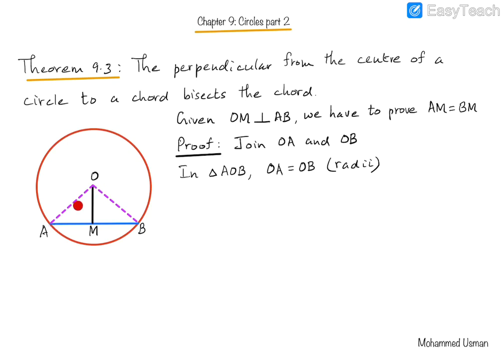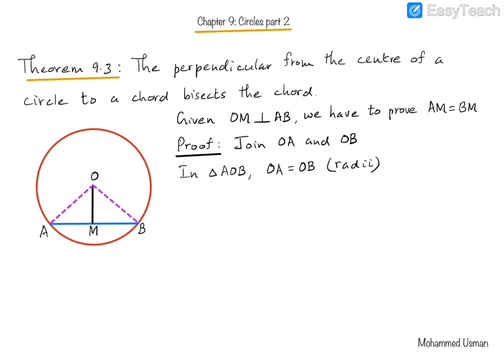The first thing we notice is that OA is equal to OB because both OA and OB are the radii of the circle. The radius of the circle must be the same at any point. So therefore OA is equal to OB. That's the first observation we make.